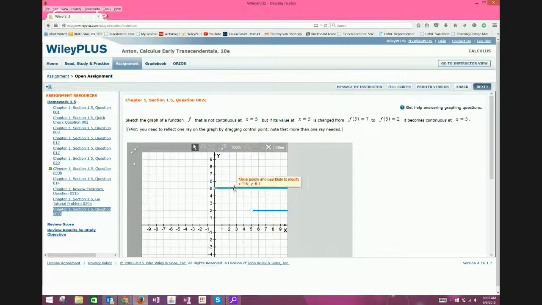So I'm going to set up the same kind of idea. This is what it looks like to have a removable discontinuity. Put this one in here, put this one on here, shift it this way, move this down.